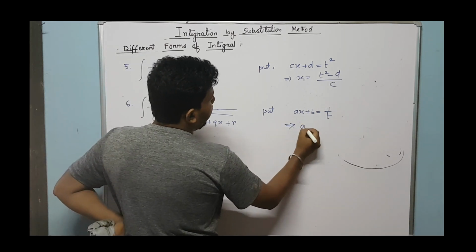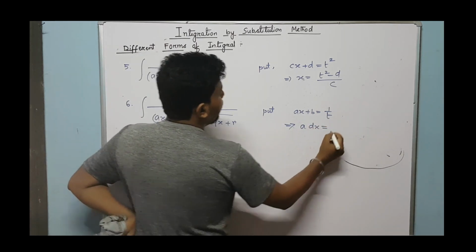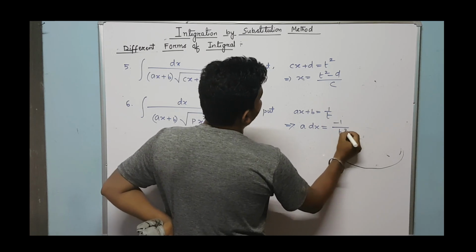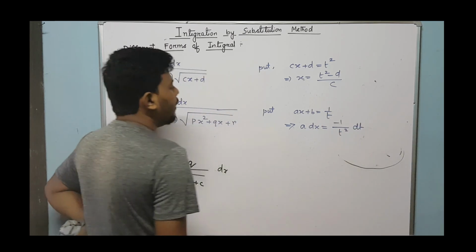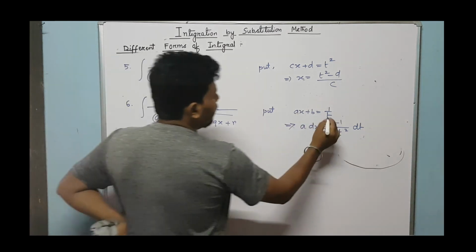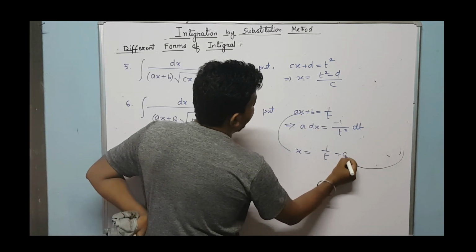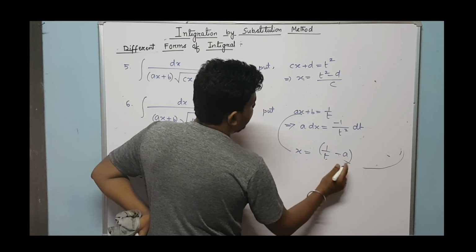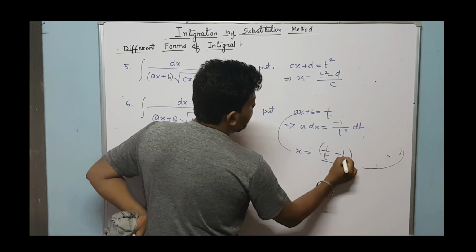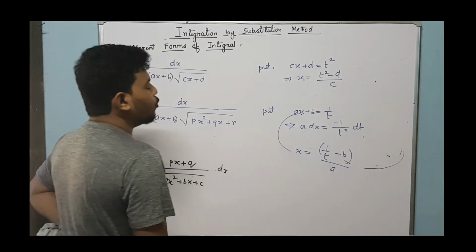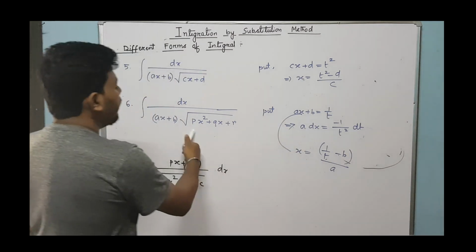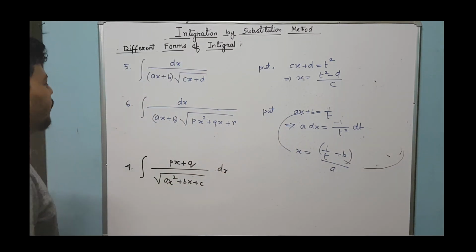We get a dx is equal to minus 1 by t square dt, and from here we can find that x equal to 1 by t minus b divided by a, and you put the value of x here, and then we integrate.